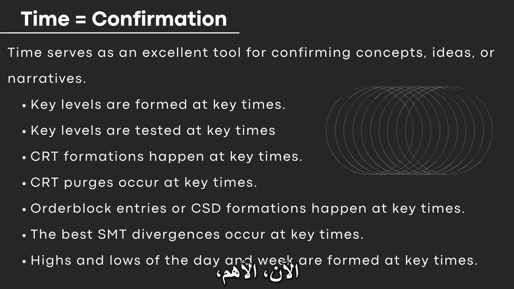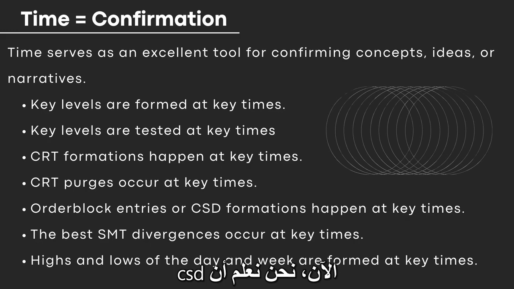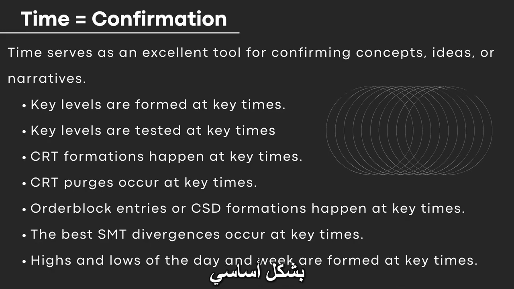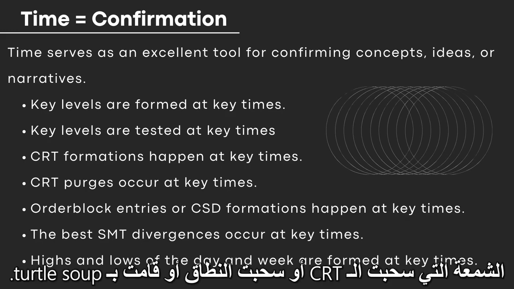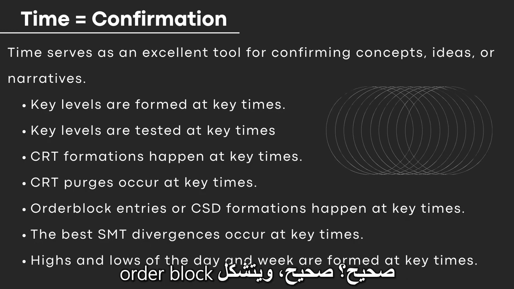Now the most important one is that CSD or order block entries are formed at key times, right? We know that CSD, or change in the state of delivery, is basically when price engulfs the candle that purged the CRT or purged the range or had a third pursuit, right? That's what we call a CSD, when the candle gets engulfed, and an order block is formed there.